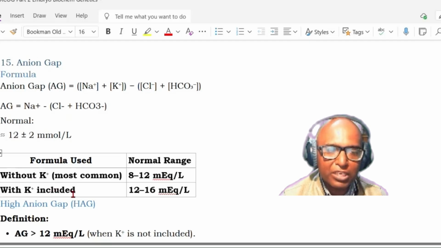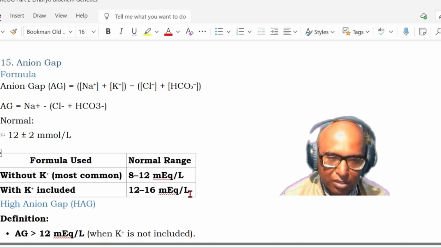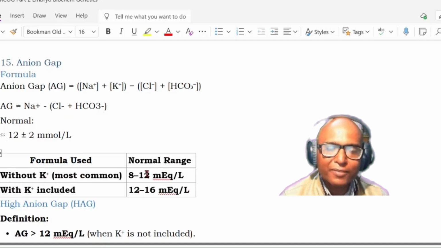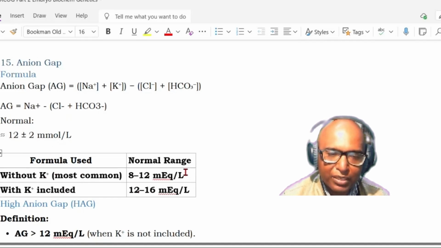With potassium, it is 12 to 16. When nothing is mentioned, it will be without potassium. So 8 to 12, this you are supposed to remember.